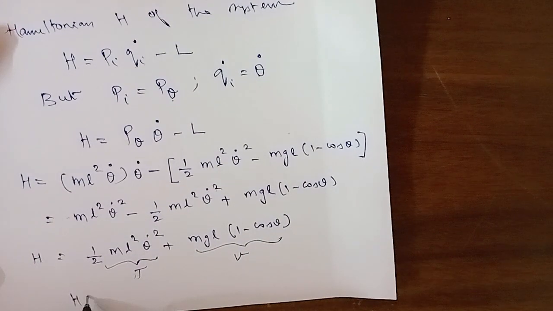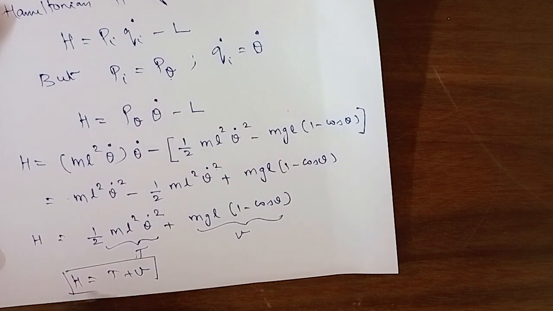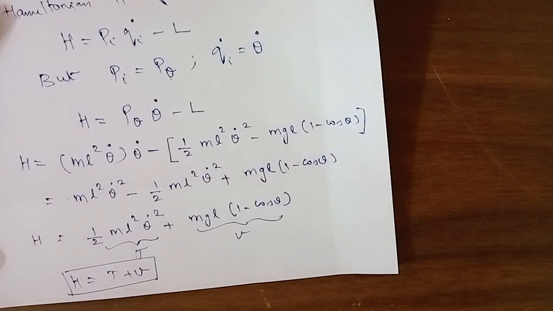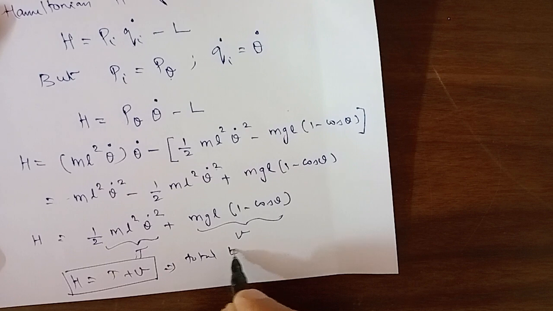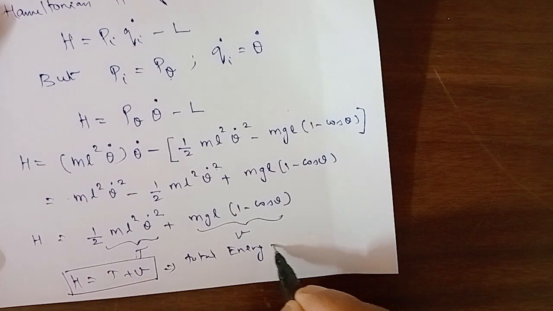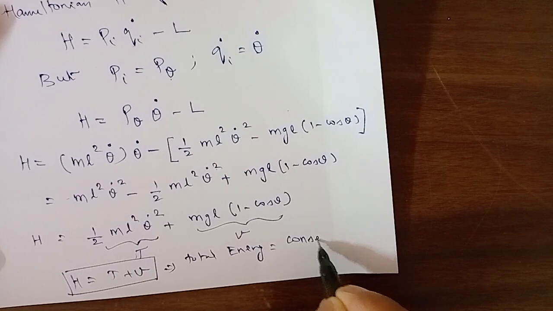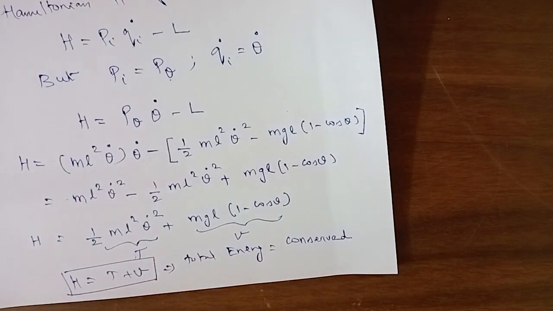We know H is equal to T plus V, as we saw in the Hamilton function itself. T plus V is nothing but the total energy. Therefore, H is equal to the total energy, which should be conserved. So this simple pendulum is a conserved system, and the energy should be conserved.